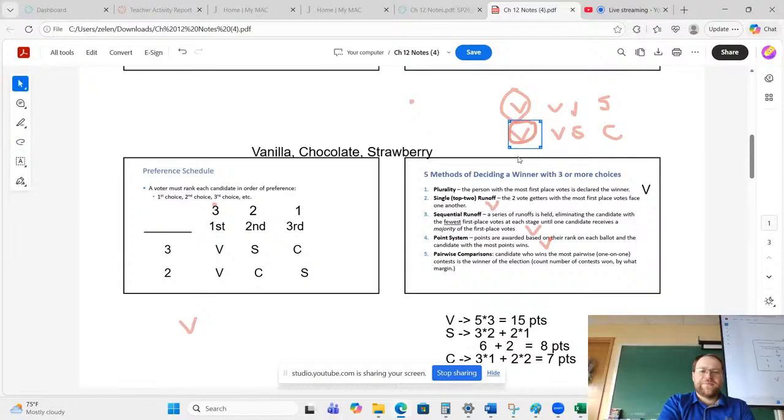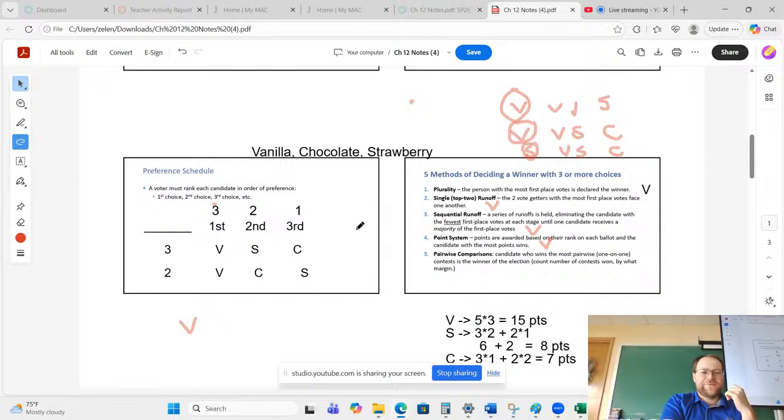And then what's the other thing that we could have? Strawberry versus chocolate. Strawberry wins. So which one wins the most of those? Vanilla.